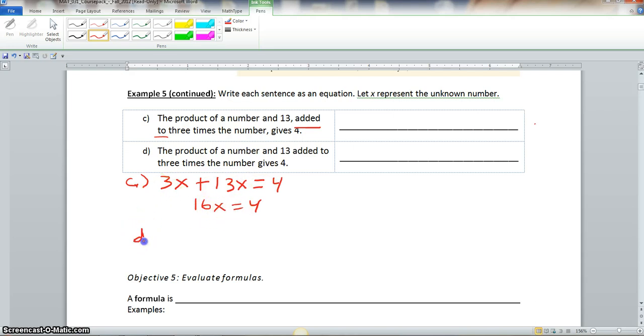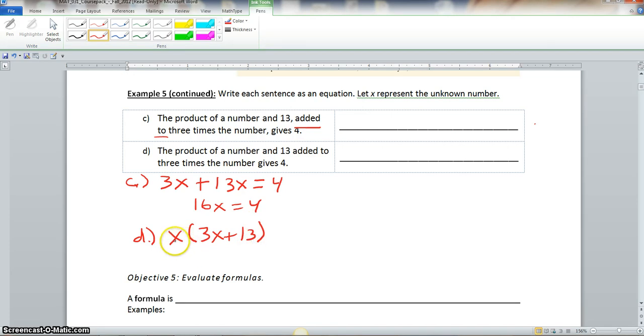Okay, now we go to D. Now it says the product of a number and 13 added to 3 times the number. So what we would have to do is, the product of a number we know is x, and 13 added to 3 times the number, we have to put a parenthesis, and then we will have 3x plus 13.